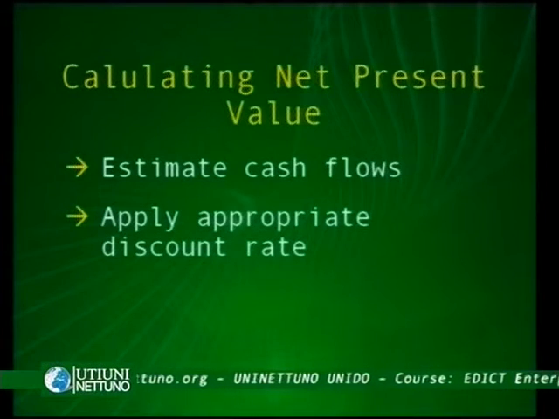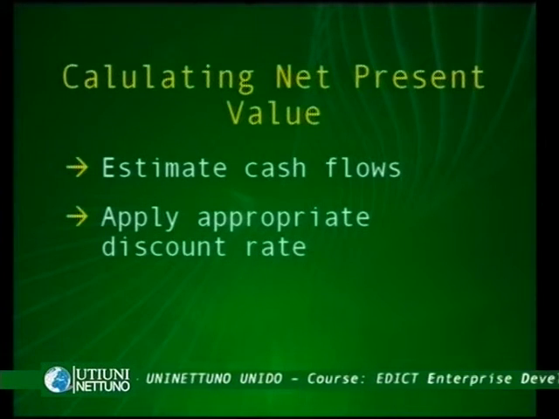Once that we have calculated the future cash flows, we have to apply an appropriate discount rate. In fact, we have to consider the effect of time value. At this point, we know that different cash flows have a different value depending on the timing of their availability, so their present value will be different, ceteris paribus.